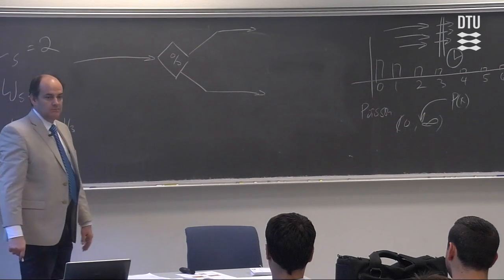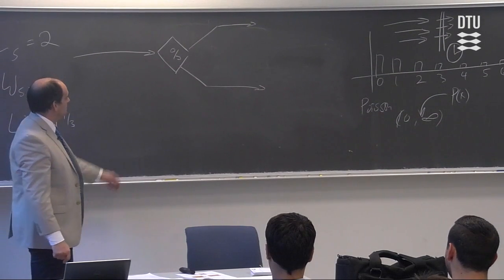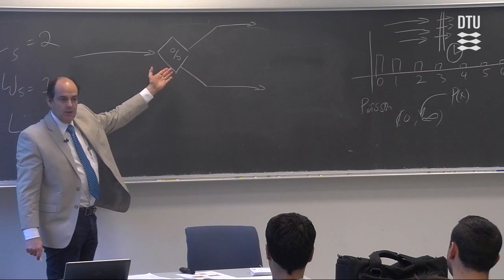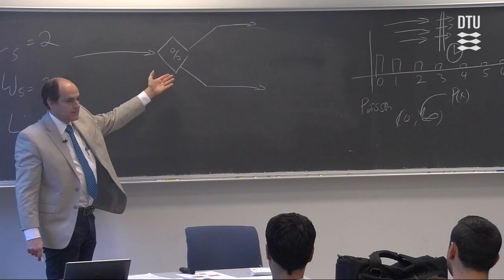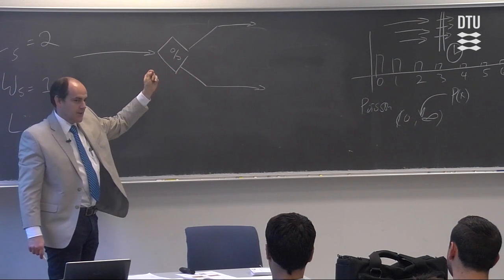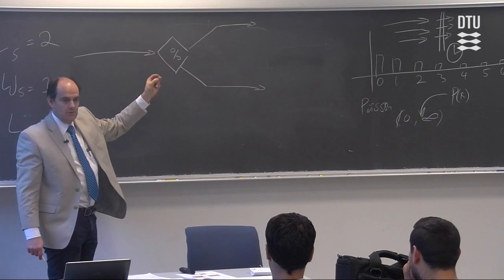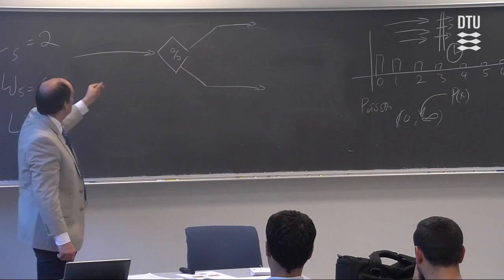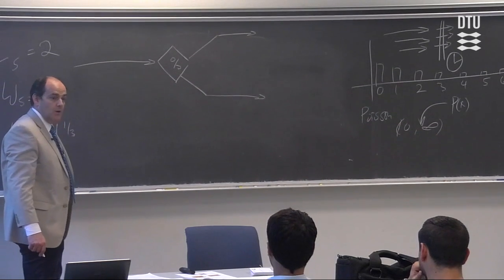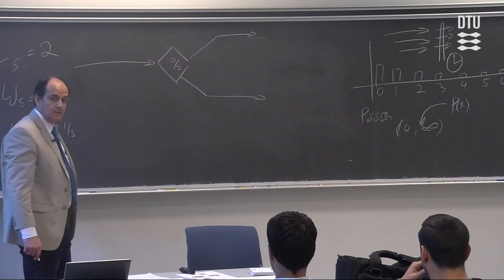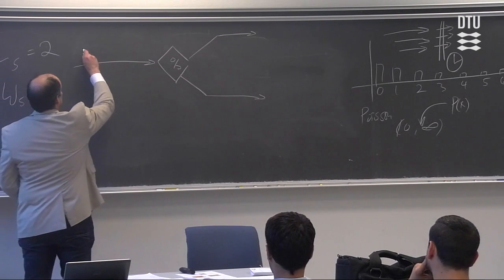I have a flow. There's a decision in that flow. And it's a flip of the coin. It's some percent yes, some percent no. Bang, bang. Yes, no, yes, no, yes, no. I start out with a flow that is completely deterministic, completely constant.